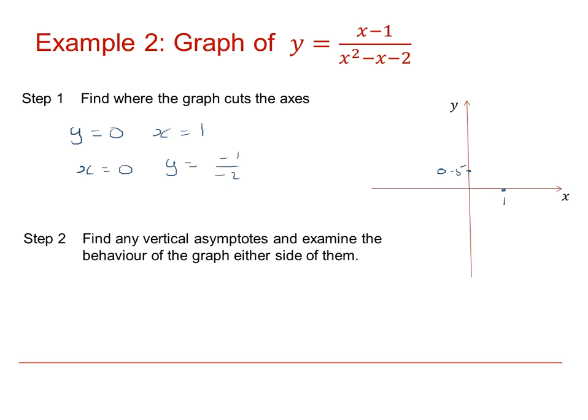Vertical asymptotes occur where the denominator is 0, so the denominator x squared minus x minus 2 will factorize as x minus 2 and x plus 1, and therefore we have vertical asymptotes at x equal to 2 and x equal to -1.